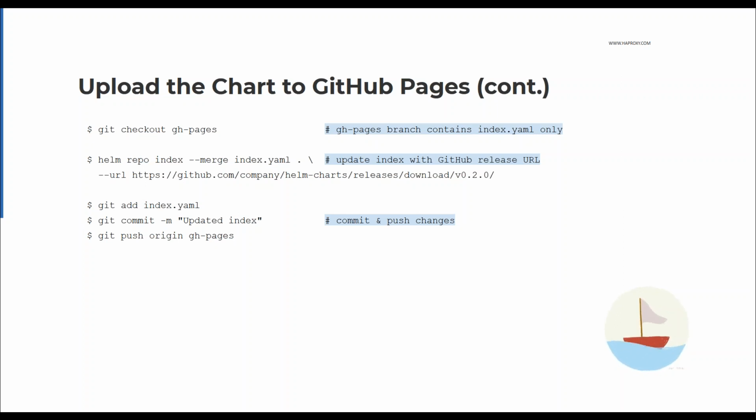If you already have an index.yaml file, you would use the --merge flag, and that's going to make sure that it doesn't wipe out what's already there, and it just adds the new packages to the existing file. So once I run helm repo index, it's going to create an index.yaml file locally. I'm going to add that to Git, add a new commit, and push that to my branch. So now at this point, I have the index.yaml file in its own branch up on GitHub.